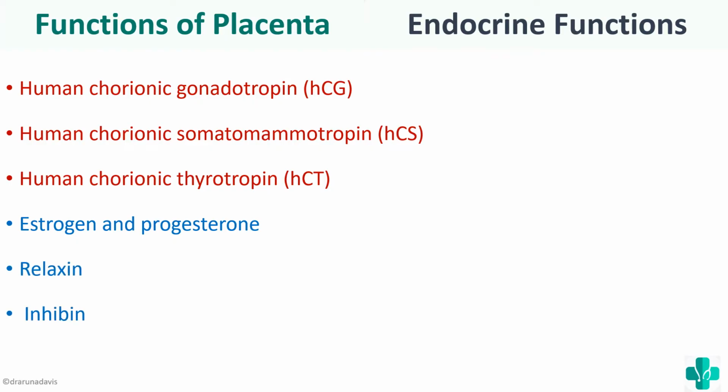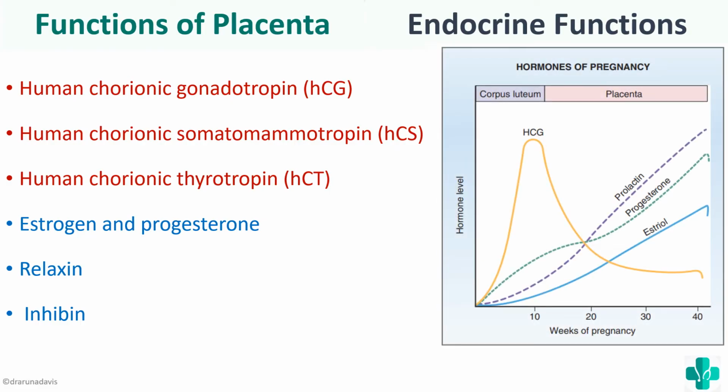These are the major hormones that are produced. One thing we have to remember is that initially, before the placenta gets into action, it's the corpus luteum that helps in the maintenance of pregnancy. It is only after the corpus luteum that the placenta comes into action.